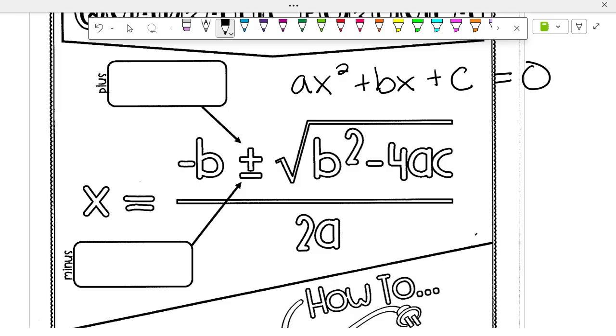And this formula works for any quadratic. So it's negative b plus or minus the square root of b squared minus 4ac, all over 2a.